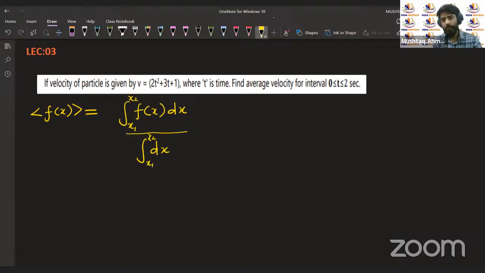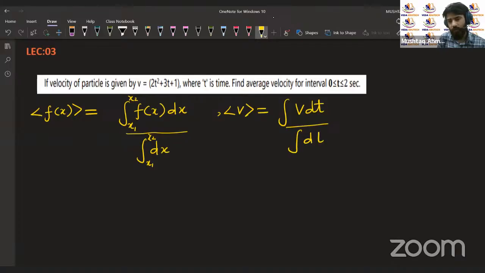F of x. And similarly, here we have been given velocity as a function of time. So we can find the average of velocity; it will be the integral of v dt over the integral of dt with the limits. The limit is between 0 and 2 seconds, because between 0 and 2 seconds we have to find the average velocity.